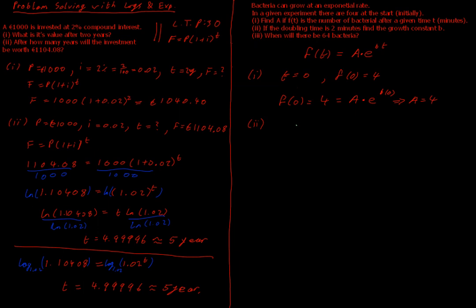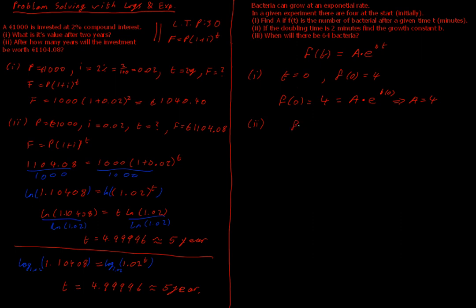What does doubling time mean? It means exactly what it says. We are looking for the amount of time, it takes 2 minutes in this particular case, for the amount of bacteria to double. So let's put that into practice. I know the number of bacteria at f of 0, at t is 0.